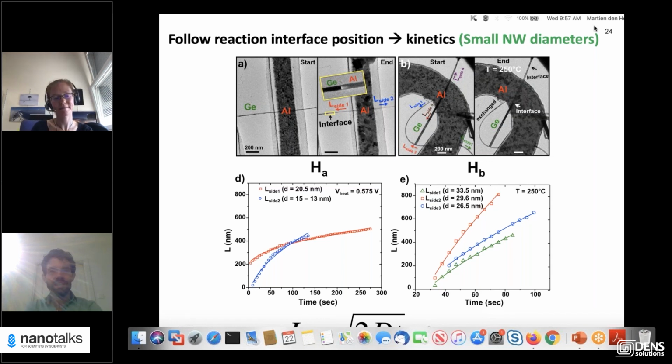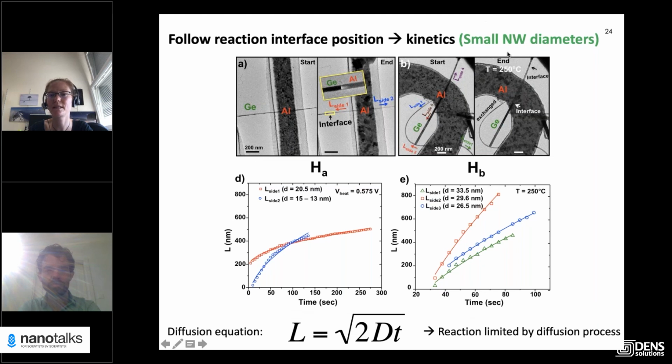Yeah, this is an interesting question that has been raised before. So the temperature of the reaction is, here, I hope you can see my mouse, this experiment was the lowest temperature where we started the reaction. It's 250 degrees. Typically, the reaction would start around 300, 350 degrees.